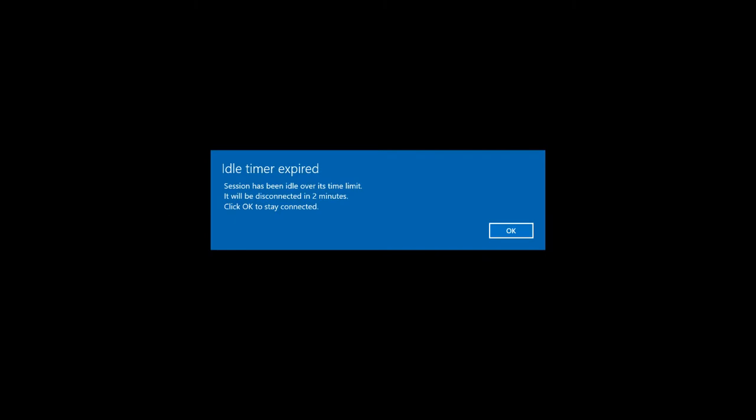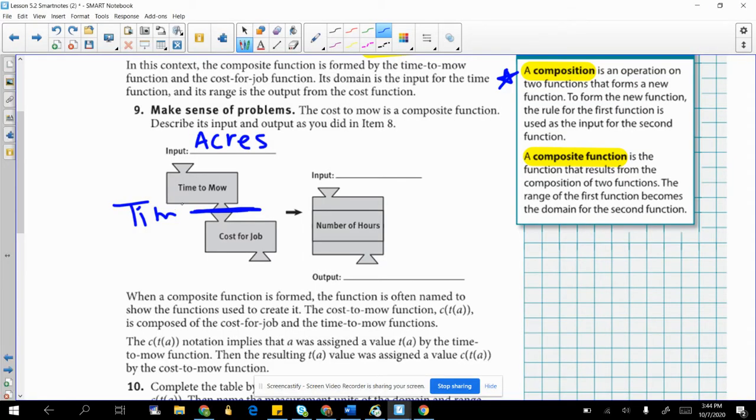If we make a composite function, we're eliminating that. So it's going to go straight from plugging in your acres to getting out the cost. And that's going to be nice for Jim because it eliminates a step for him. Now all he has to do is realize, okay, this is how many acres this company or person has, and this is the cost it's going to be.